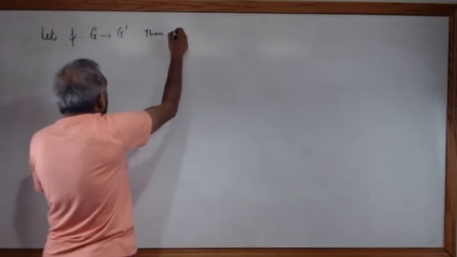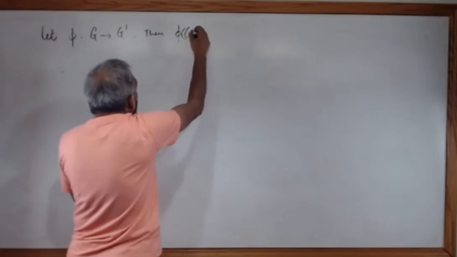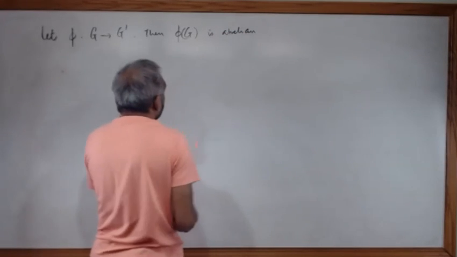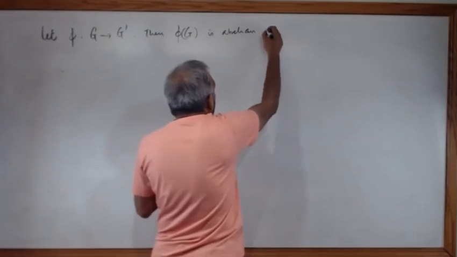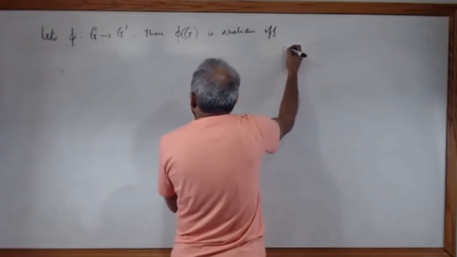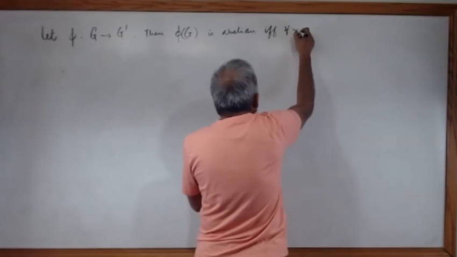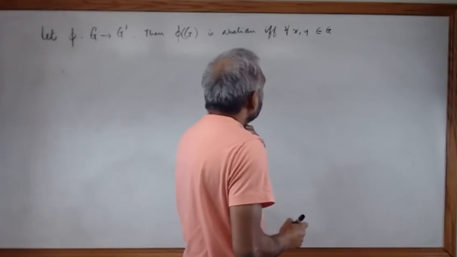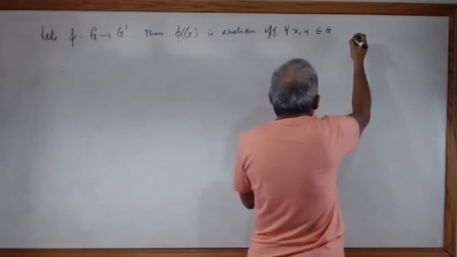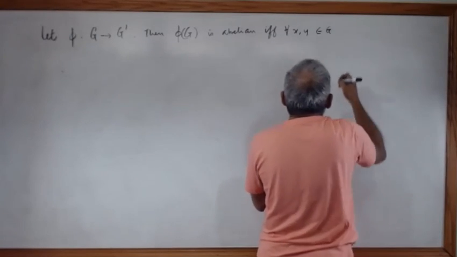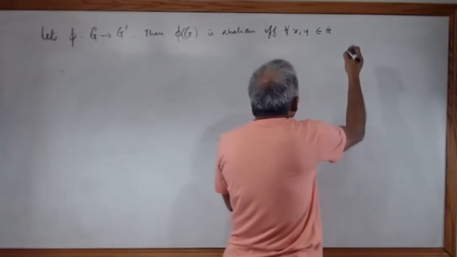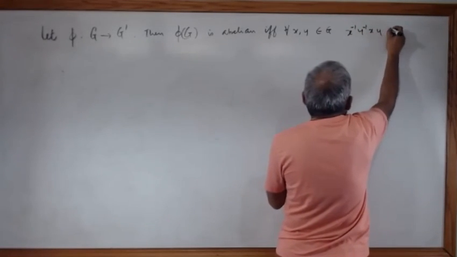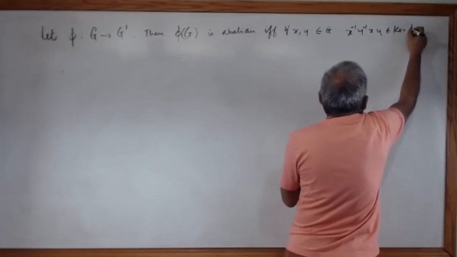Then phi of G is abelian if and only if for all x, y in G, x inverse y inverse x y belongs to the kernel of phi.